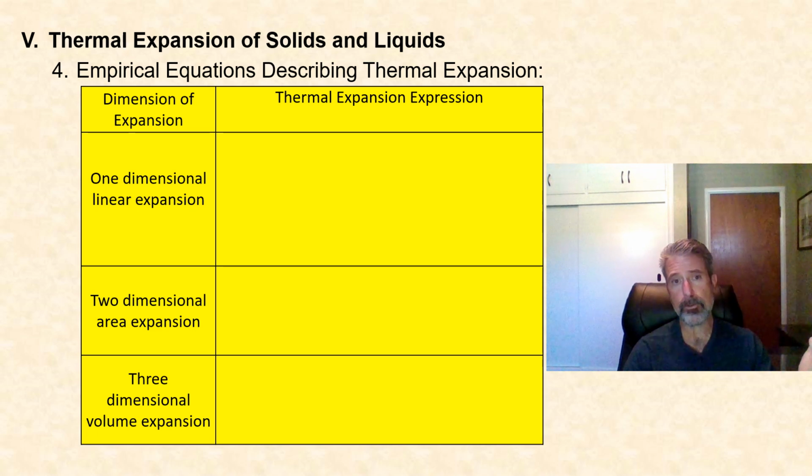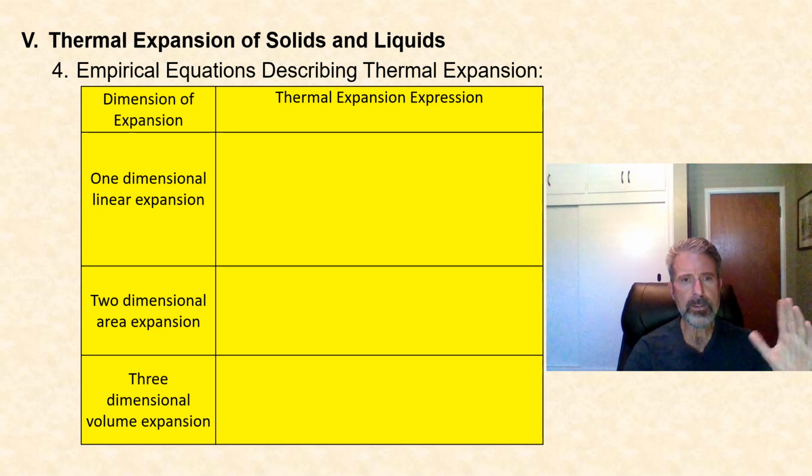For example, if you're building a bridge and you want to know how much a girder in that bridge is going to expand in length, that's of primary concern when you're trying to build a bridge that is structurally stable. How much it expands in thickness and depth may not be of concern to you, in which case you're only going to focus on the one-dimensional or linear expansion.